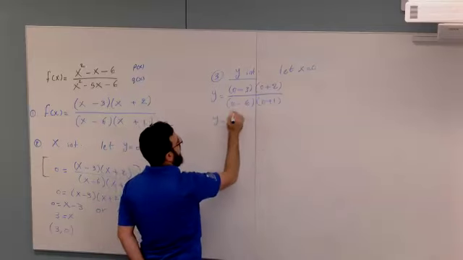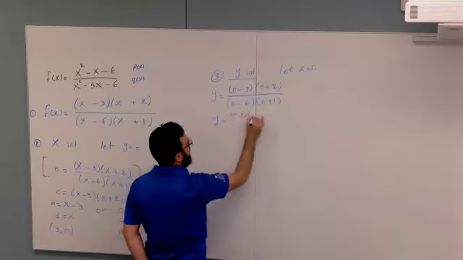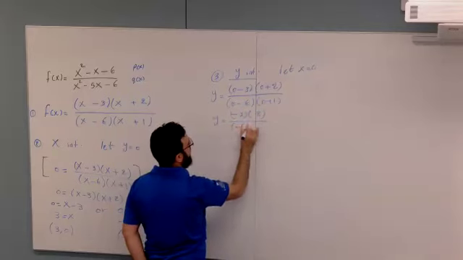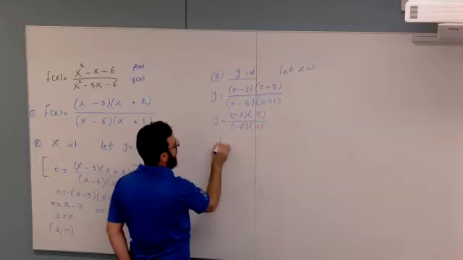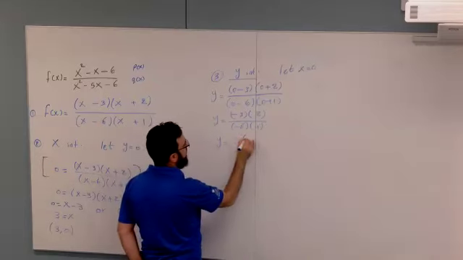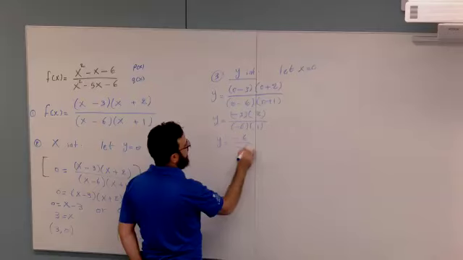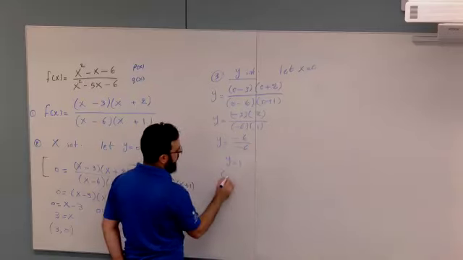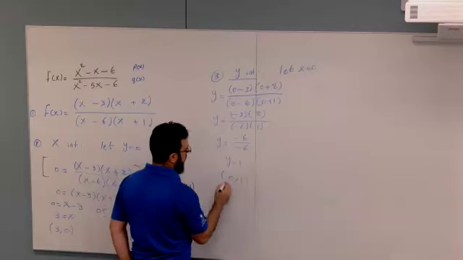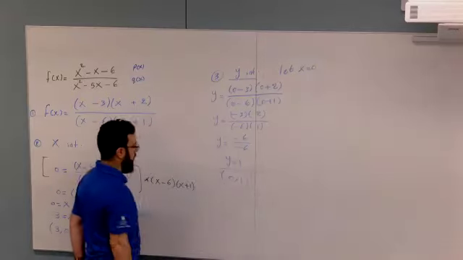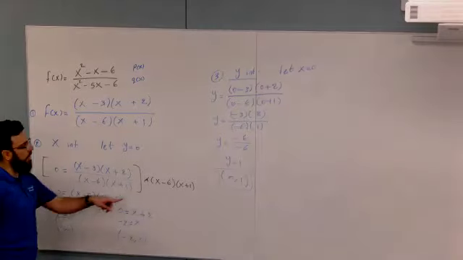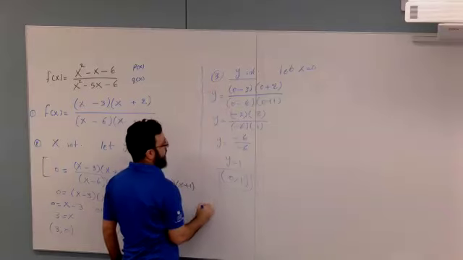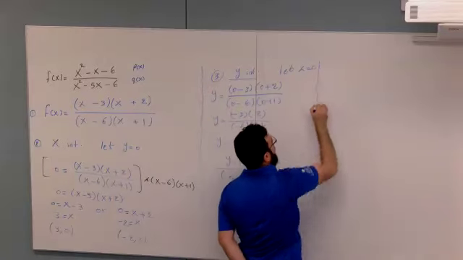That means y equals negative 3 times 2 over negative 6 times 1. Y is going to be equal to negative 6 over negative 6, which is equal to 1. The y-intercept is going to be 0 and 1. We have the x-intercepts, and we have the y-intercept. Is that okay so far?